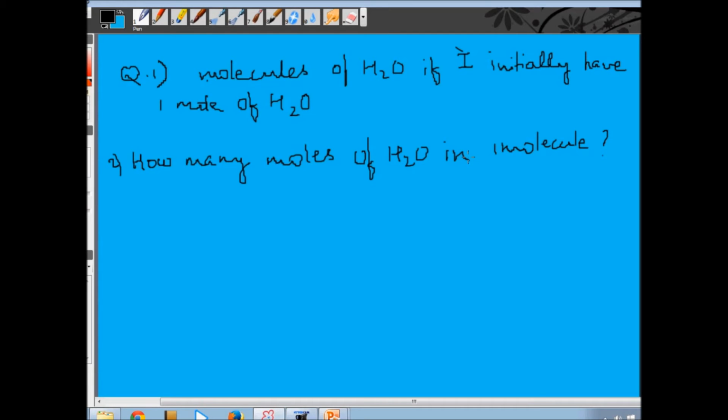Alright, so we have to do the reverse of what we did in the first question. In the first question we were given 1 mole of water and asked how many molecules are present. Okay, so we knew that 1 mole contains 6.022 multiplied by 10 to the power 23 molecules. Now the question is, I have 1 molecule of water, so how many moles does it have? Alright, so to represent it in terms of mole, let's use the unitary method.